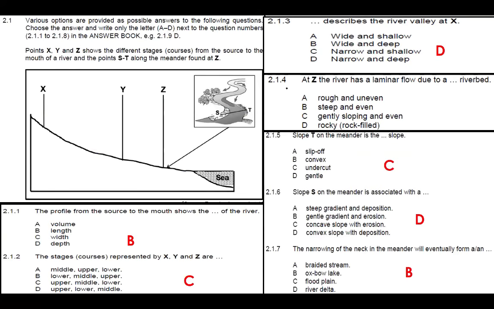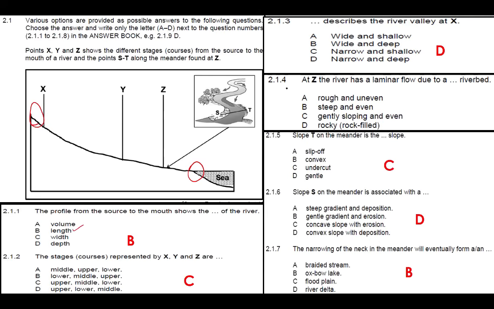Now let's quickly look at these questions here. Various options are provided as possible answers. Let's look at the first question. The profile from source to the mouth shows the dash of the river. It shows the length of the river.